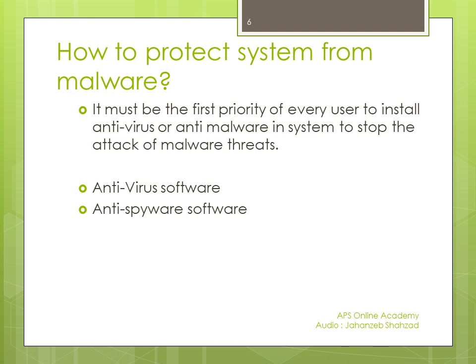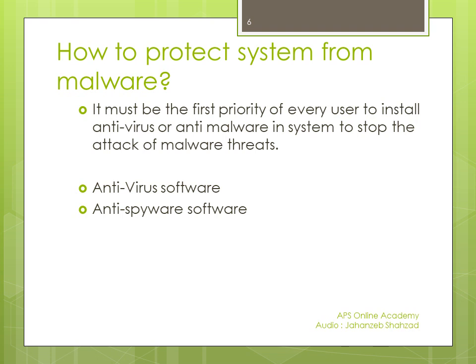Whenever you open a file, it will scan that file before opening it. Whenever you attach a USB, the antivirus or anti-spyware will scan the whole data in that USB before opening it. It will not allow you to open that USB, that CD, or that email without scanning.